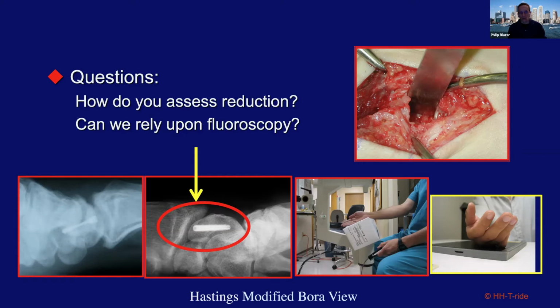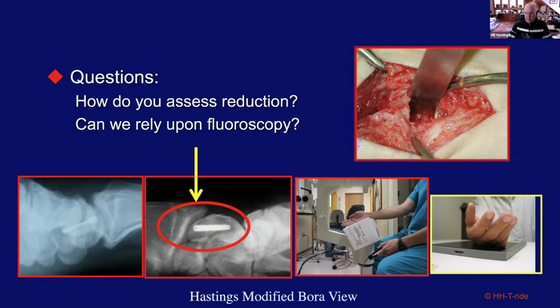But I think you also have to assess the reduction looking at both fluoroscopically and clinically the chondral surfaces to make sure that it just lines up and looks like a scaphoid. And I think as one's N of doing these increases, visually I've gone up my learning curve there and learned a lot better how to assess that reduction.